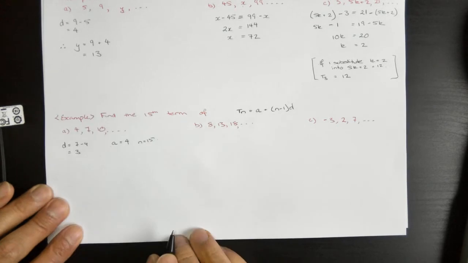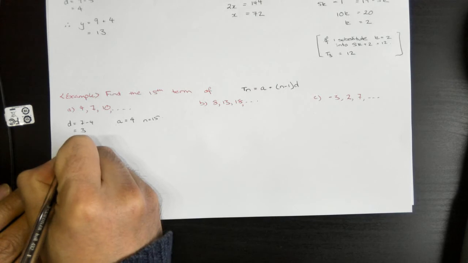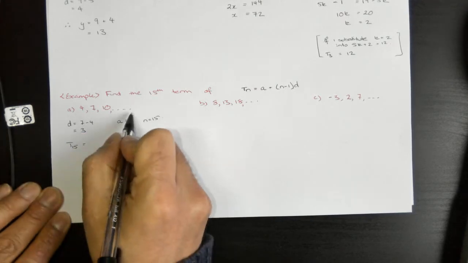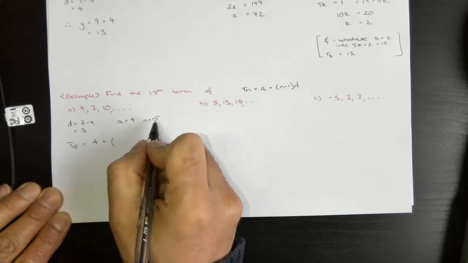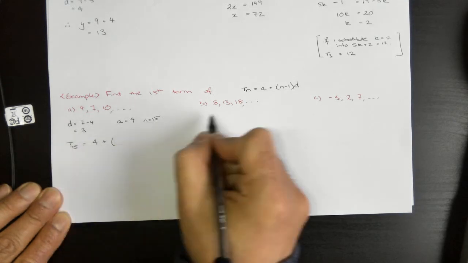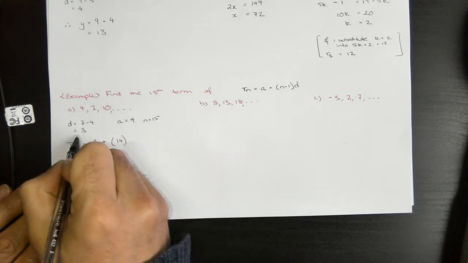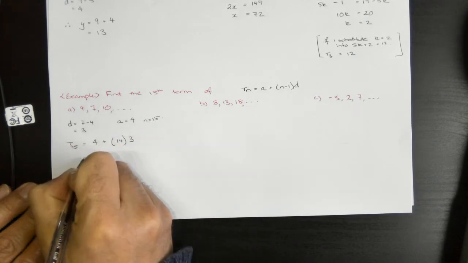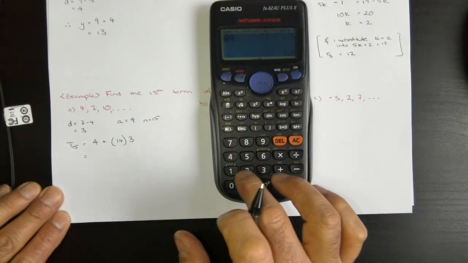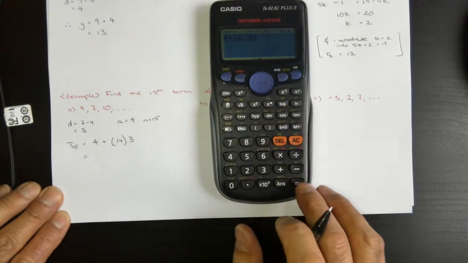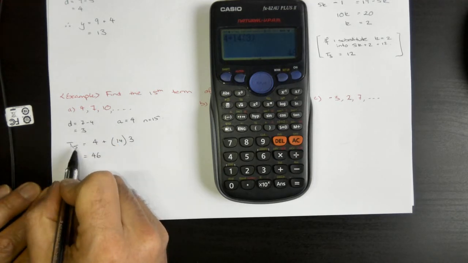So the 15th term is equal to a, which is 4, plus n, which is 15 minus 1, so that's 14, times the common difference of 3. Plugging that into a calculator, 4 plus 14 times 3 is 46, and that's the 15th term.